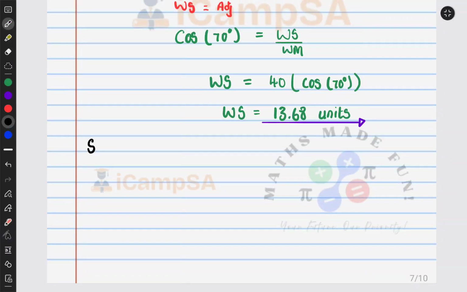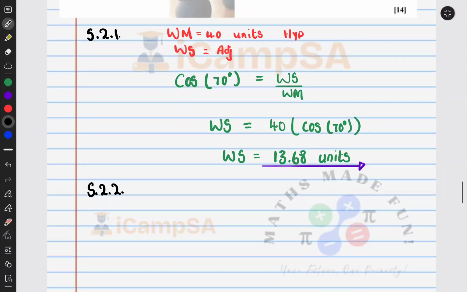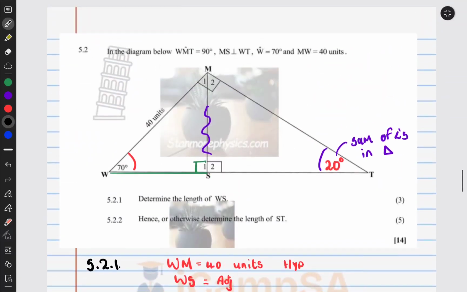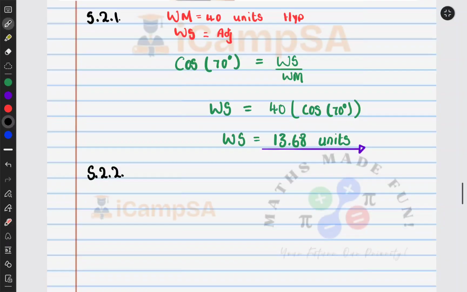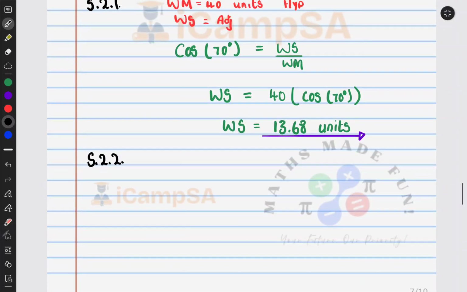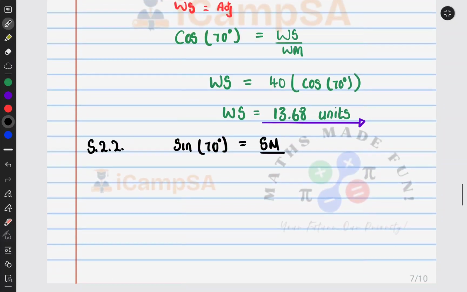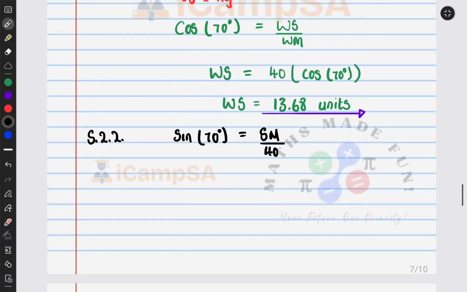5.2.2. First things first, SM. SM is opposite to the 70 degrees angle, so we're going to use the sine. Sine of 70 degrees is equal to SM, opposite over hypotenuse. What's the hypotenuse? It is 40 units.